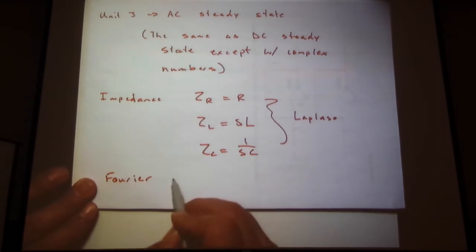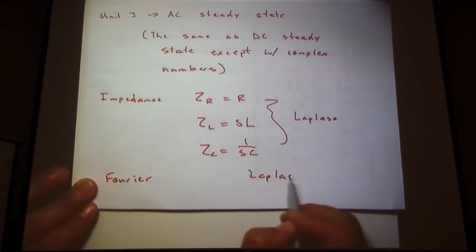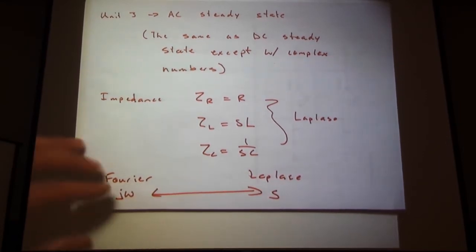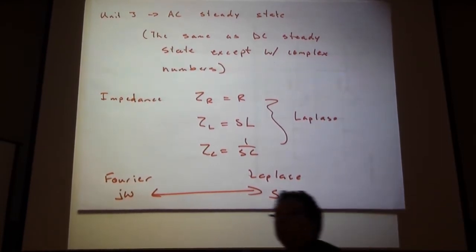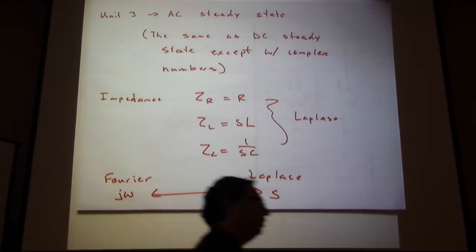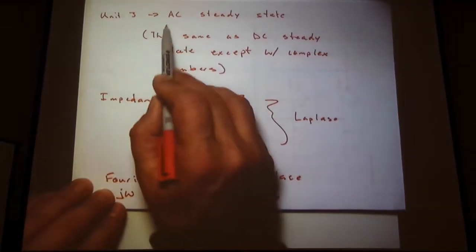And essentially, Fourier and Laplace are related. In Laplace, we have S. In Fourier, we have J omega. And those are equivalent as far as we're concerned. So any time in our Laplace analysis that we see S, we replace it with J omega for AC steady state.